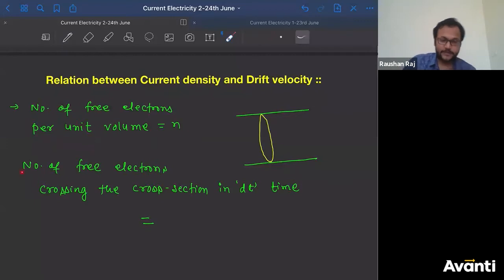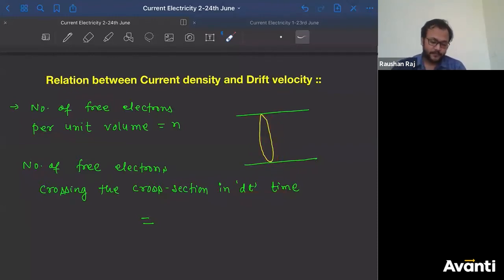How will you find this value? Listen to the question carefully, it is very easy. Number of free electrons that will cross this cross section in dt time. We took a very small time. So what will be the number of free electrons that will cross this cross section in dt time? What will be the answer? How will you get it?